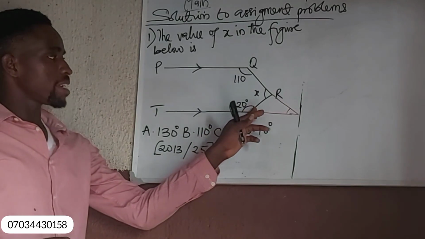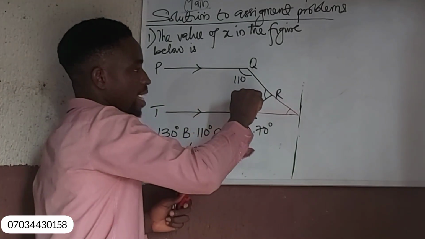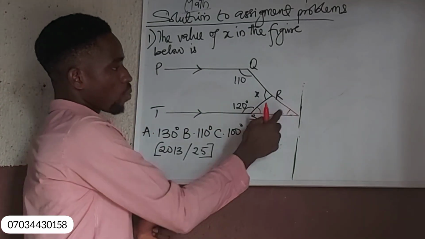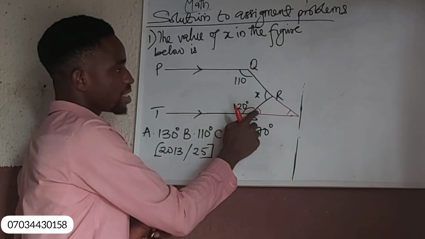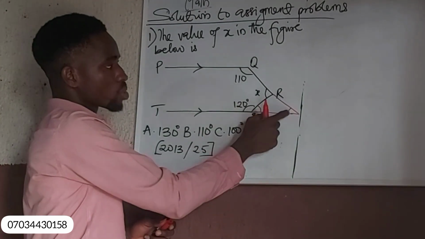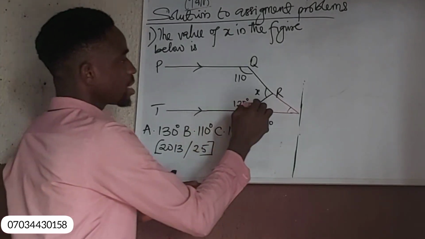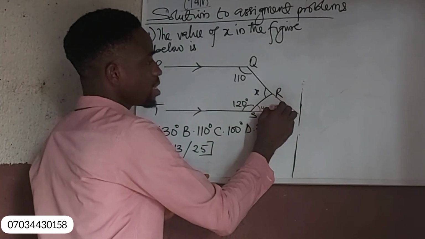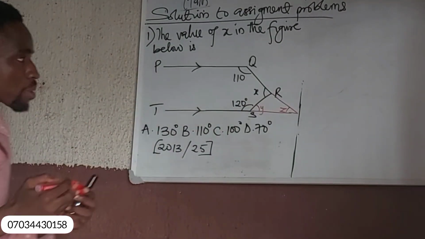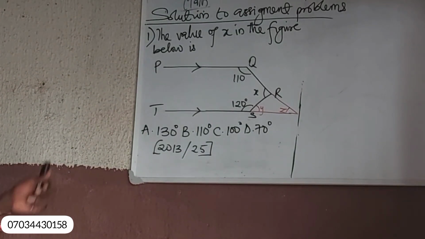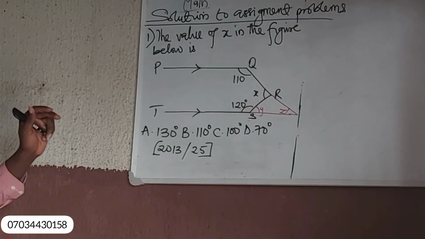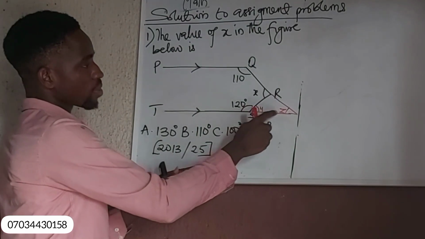I can easily find this angle that is inside here. And once I know this and know this, x is an exterior angle to these two. If I call this angle y and call this angle z, then my problem is almost sorted. The issue now is to find angle y and z.